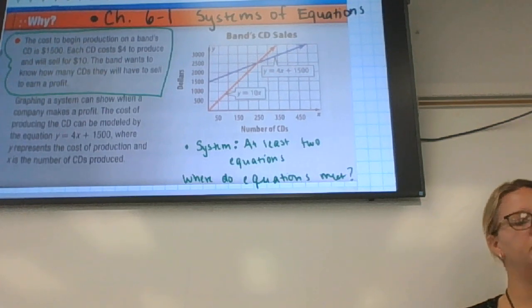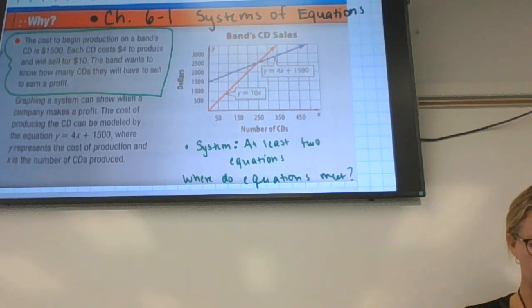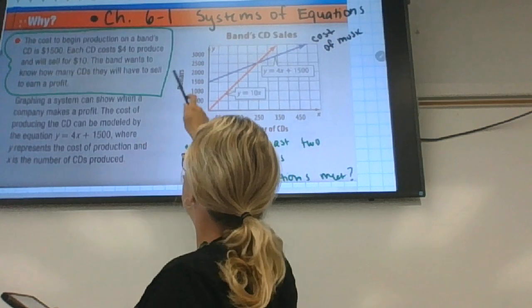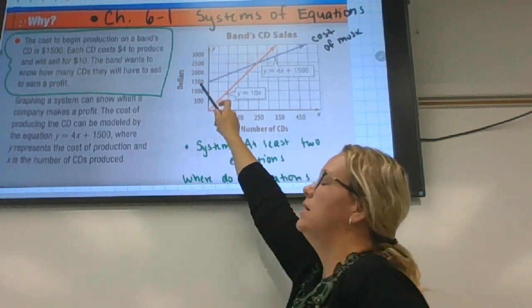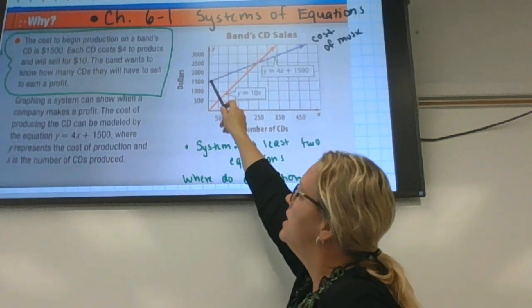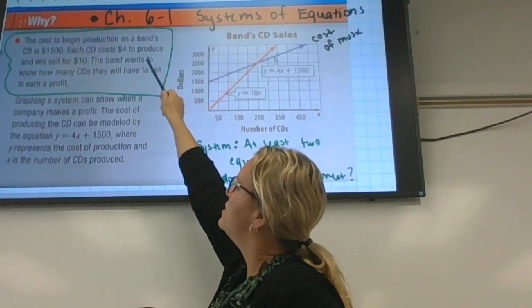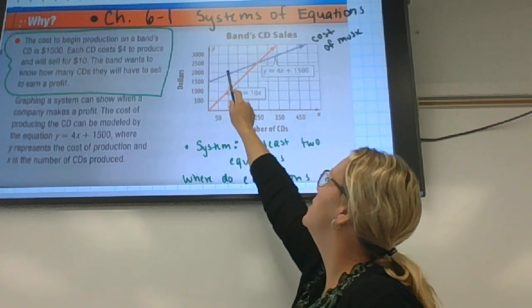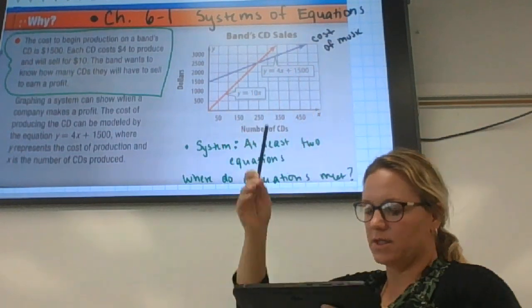This is like step 1 in understanding business. So the blue line is the cost to produce CDs, the cost of their music. It's $1,500 just to begin, maybe to rent the recording studio, right? And every CD they produce is $4 more. So this is going up by a slope of up 4 over 1. So the blue line is the cost.